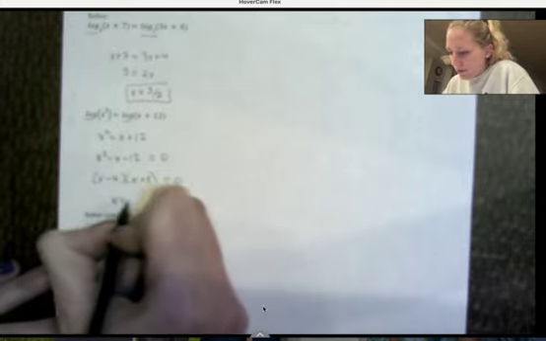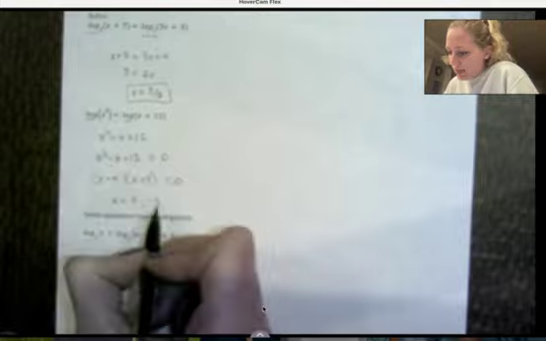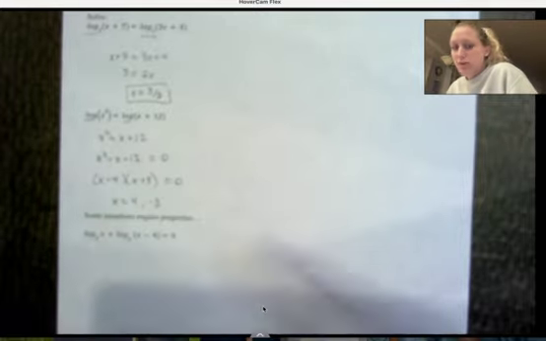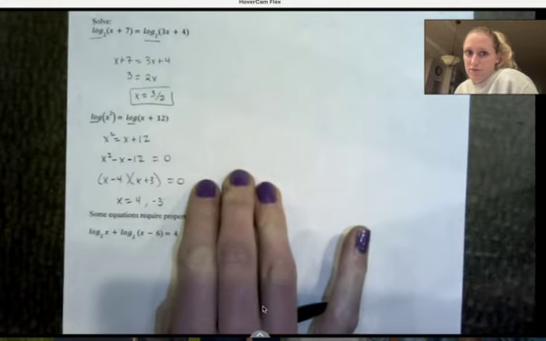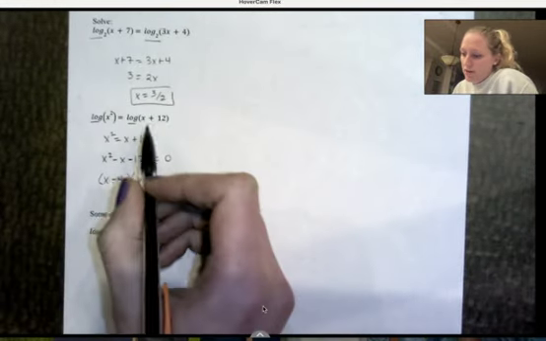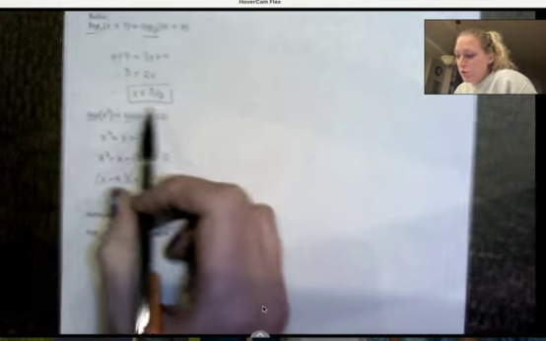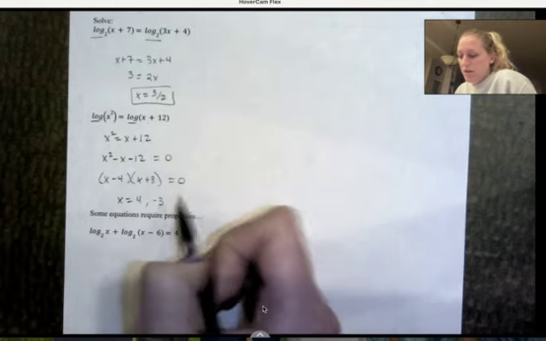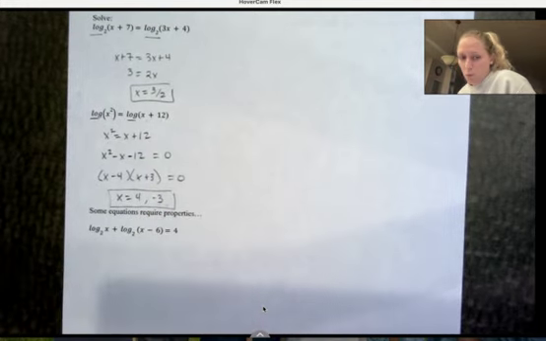So x equals positive 4 or negative 3. Negative 3 is okay here because it's squared. Negative 3 plus 12 is 9, so we're still okay. I don't end up taking the log of a negative when it's negative 3, so we're good. So both of those solutions work.